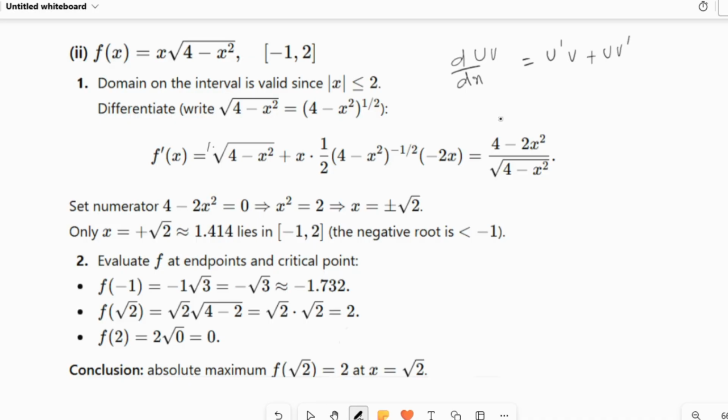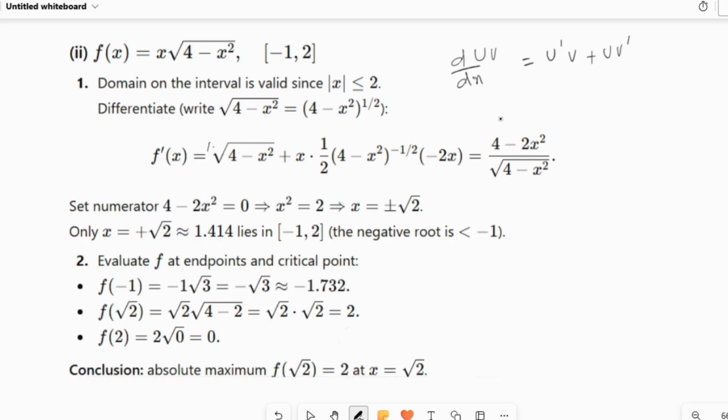Here u equals x, so u dash equals 1, the differentiation of x. So it is 1 into the square root of 4 minus x square, that is v, plus u v dash, that is x times v dash, where v dash is the differentiation of the square root of 4 minus x square.